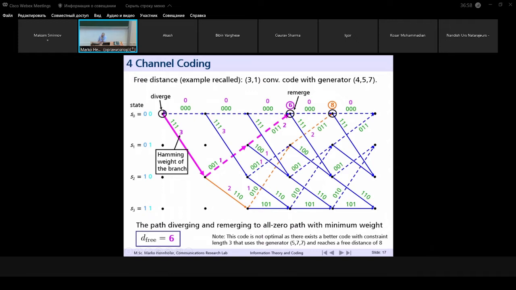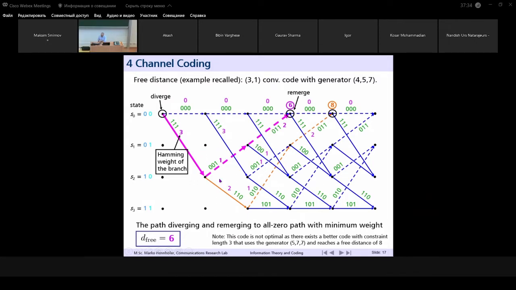So we have a path here diverging from the zero path and remerging at the zero path, and its Hamming weight, so the number of ones, is 1, 2, 4, 5, 6. So we have 6 ones here. This will be the sequence being most similar to the all zero sequence. We have either 9 zeros or we have this sequence here with 6 ones.